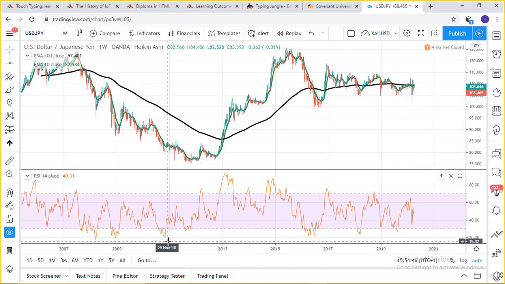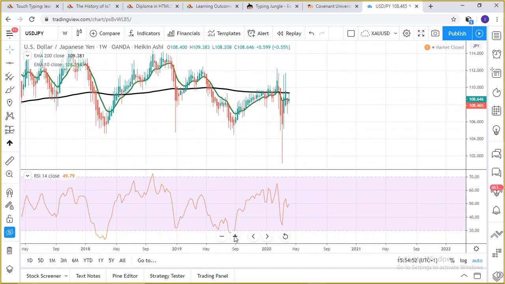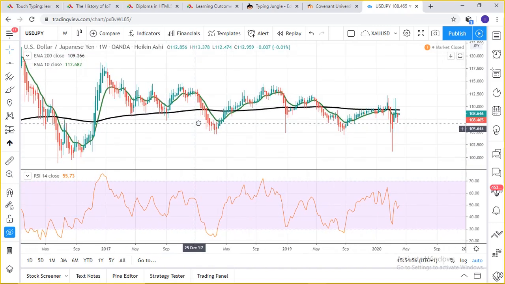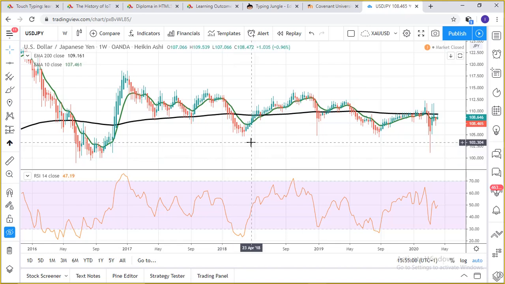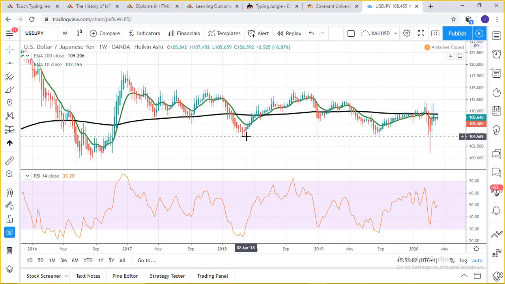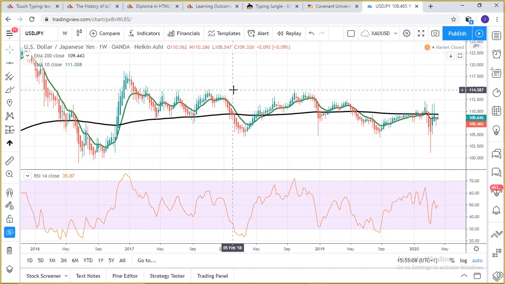So let me zoom in. Like we said, there is more tendency for this thing to sell. This one has pierced the lowest, and the highest was this, and it's falling.